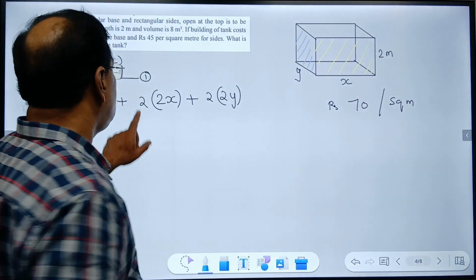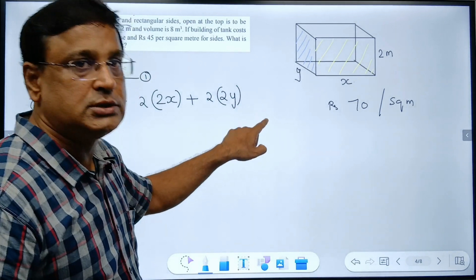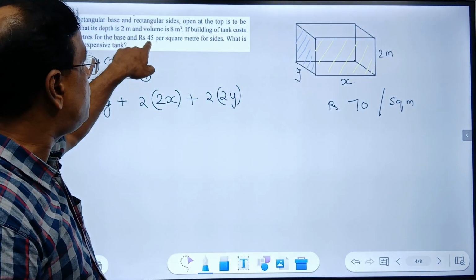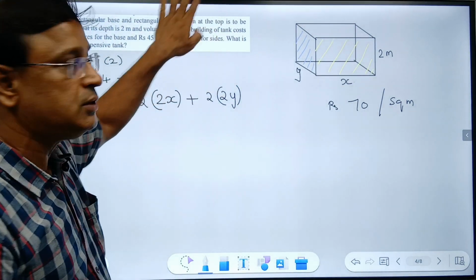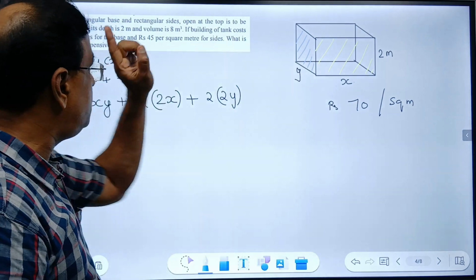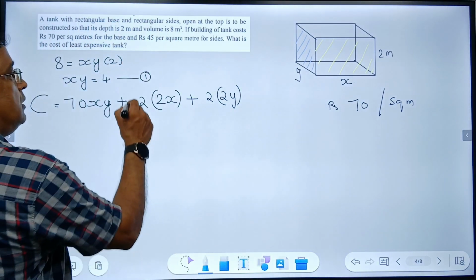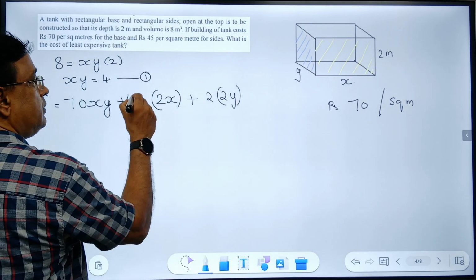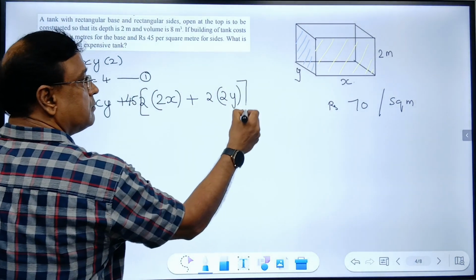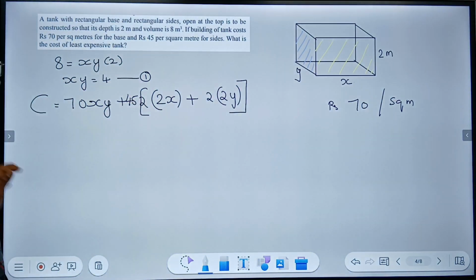So this is the total area of the walls, but it costs rupees 45 per square meter to make the walls. So for 1 square meter it is 45. It will be 45 into this, correct? So what is the total cost?